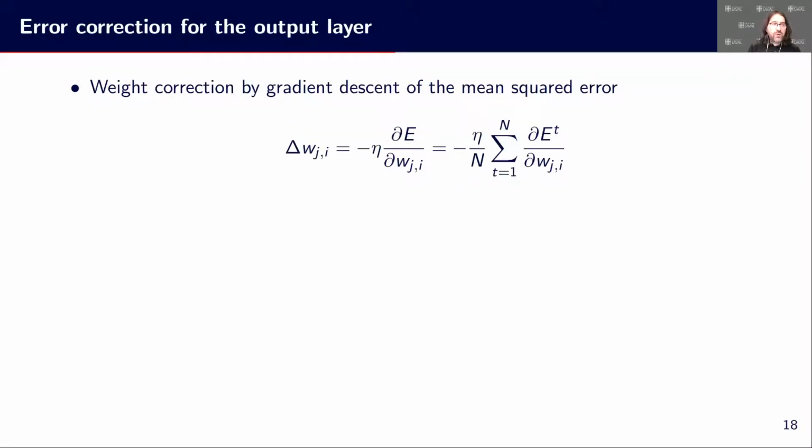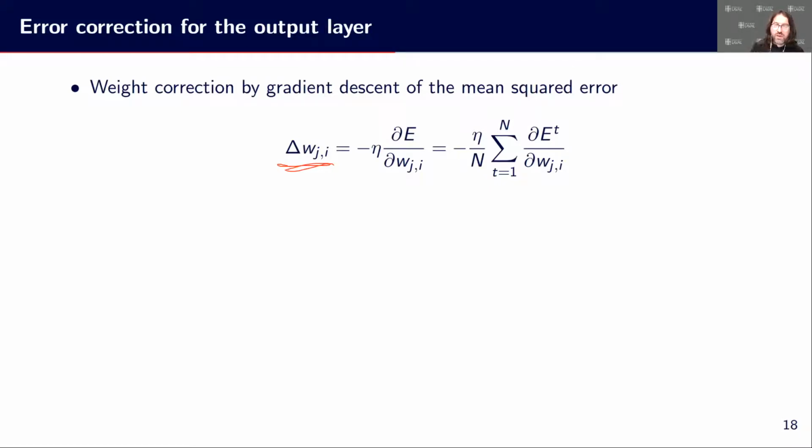And then we need to evaluate the correction to make for each weight. This is done through gradient descent. So we start from the mean squared error that we just defined, and we say, okay, the delta to apply, so the correction to make to the weight w_ji, which is linking the current output neuron j with the neuron i from the previous layer.